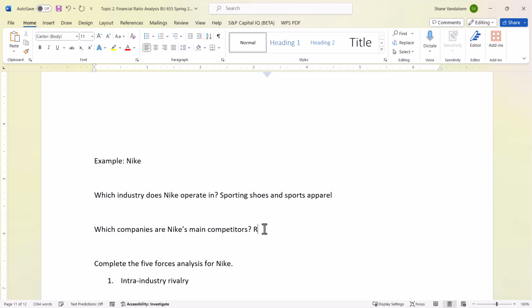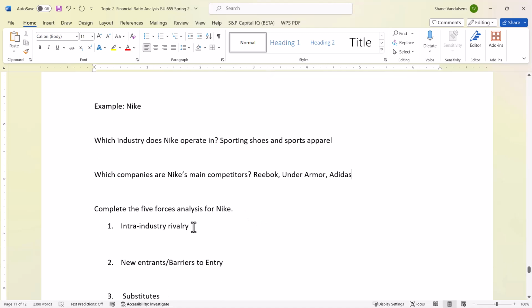So we generally see Reebok as a competitor, Under Armour is a fairly consistent competitor, Adidas. In general, they're in that apparel, shoes category.